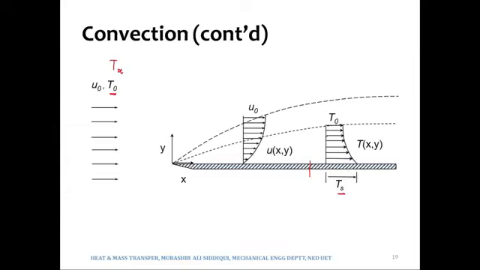If the temperature of the fluid is more and the temperature of the surface is less, let's say the temperature of the fluid is 60 degrees Celsius and the temperature of the plate is 20 degrees Celsius, the temperature of different layers of fluid will continuously decline from 60 to 50 to 40 and then to 30.